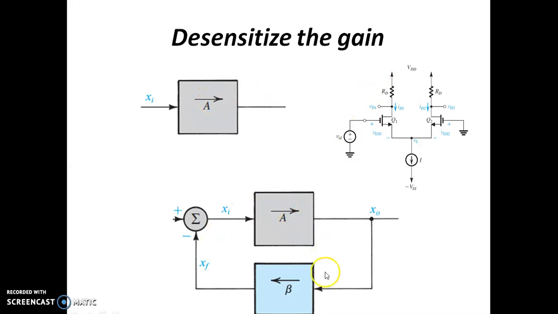So by doing this negative feedback configuration, you are making sure that the overall gain of this amplifier is not so sensitive as it was without feedback. So without feedback it was very sensitive. With feedback, the sensitivity of the amplifier gain will reduce. So that's what is the meaning of desensitization. We will prove that in the coming examples. Upon doing negative feedback, it will actually desensitize the amplifier gain.